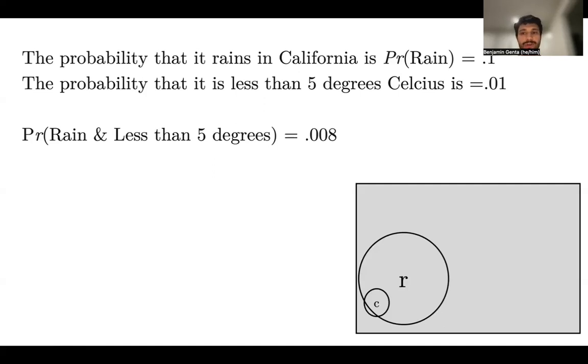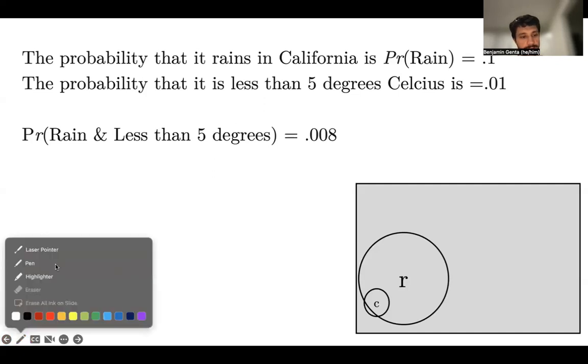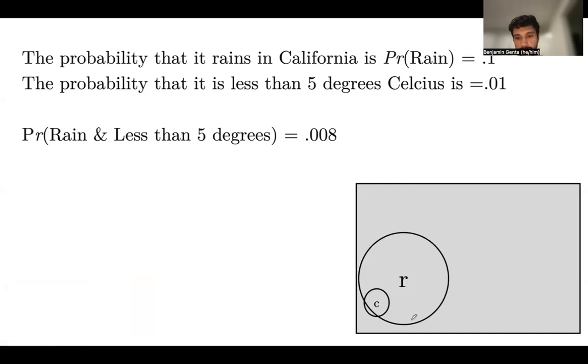So it's 0.008 of probability. So over here, I'll just color it. Right? So where is it going to be? The probability of rain and less than 5 degrees. It's going to be this, right? It's over here, not including this little part over here.